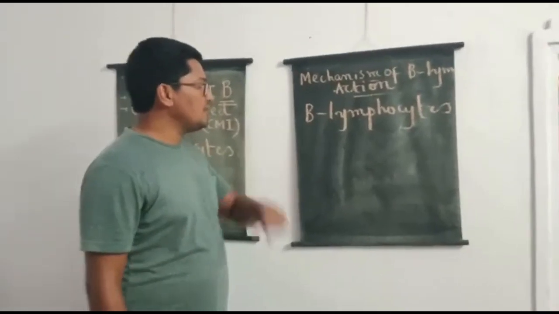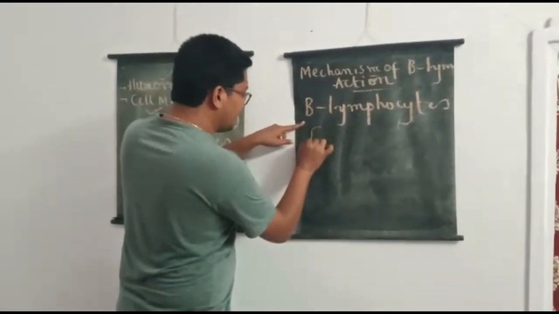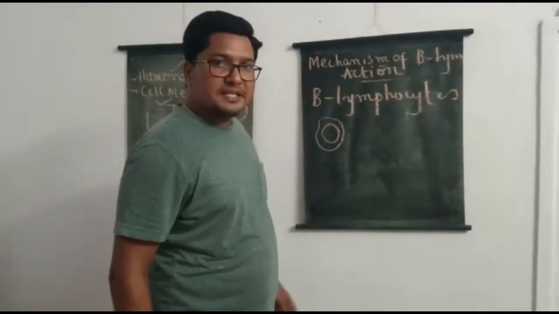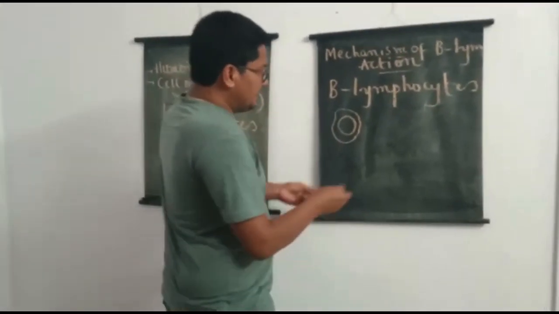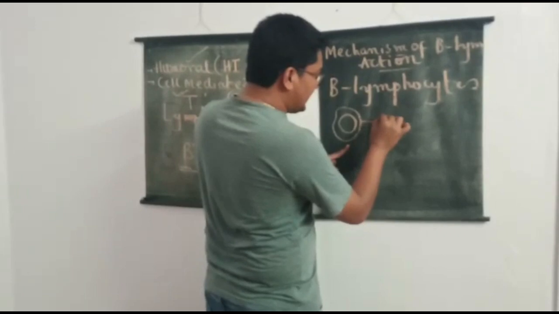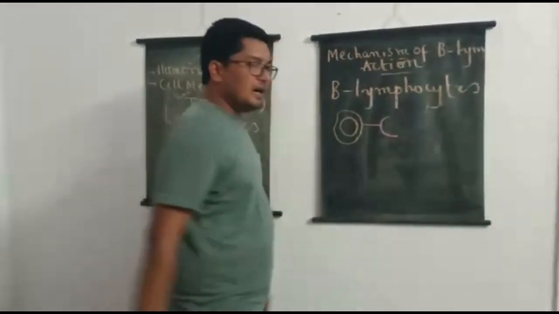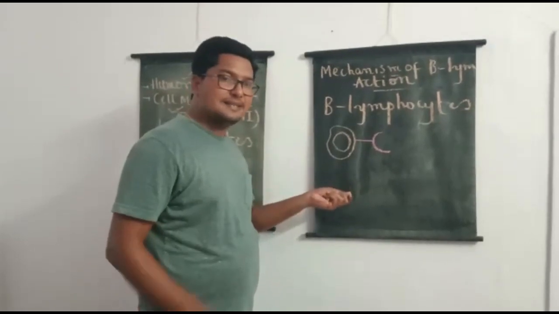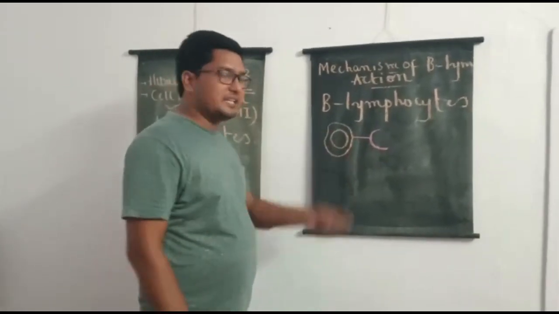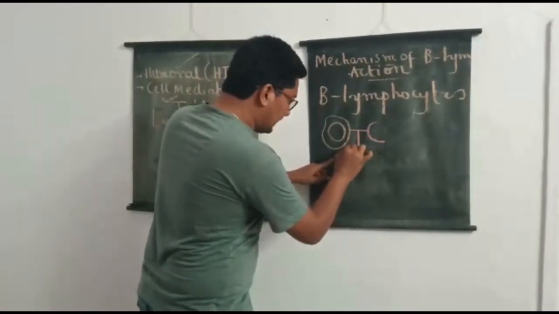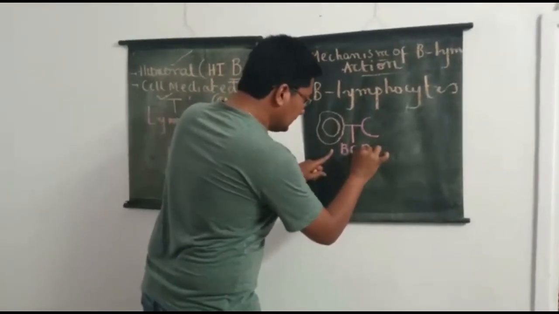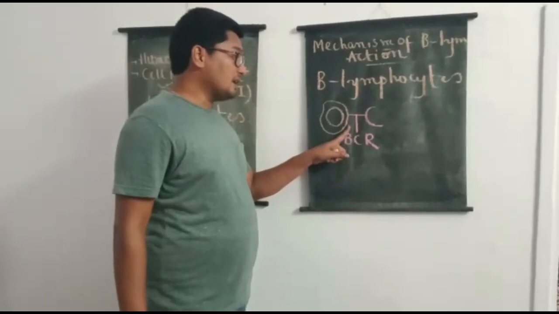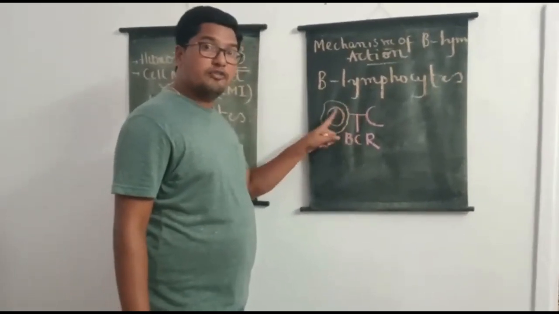Let us look into the mechanism now. Let me draw a simple B lymphocyte here. Usually the B lymphocytes on their surface are provided with a marker, and this marker acts as a receptor for the antigen, and this marker is called BCR. The name itself indicates it is the marker present on the surface of the B cell.